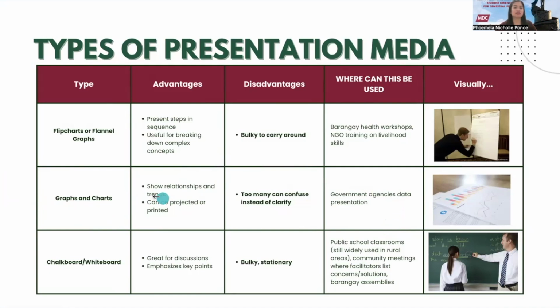Next we have graphs and charts. Graphs and charts can really be advantageous, especially if you are presenting numbers or data, quantitative data to be exact. With graphs and charts, it's very straightforward to interpret numbers more easily. However, not too many are a fan of graphs and charts, especially people who hate math.